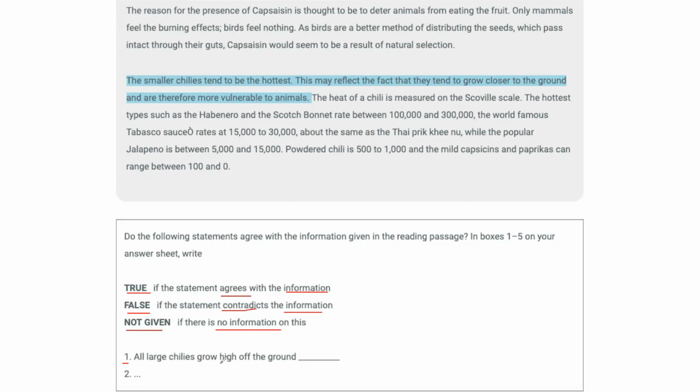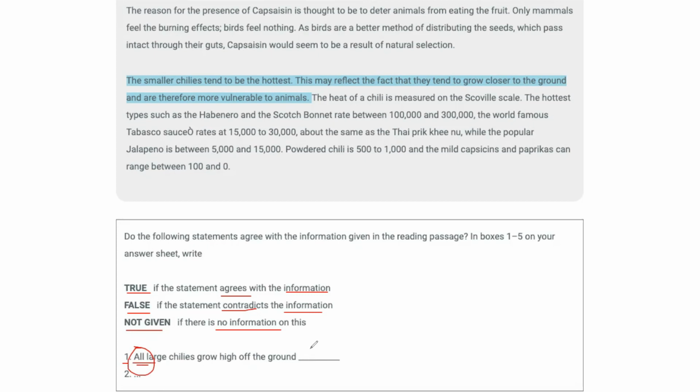All large chilies grow high off the ground. And right away, you want to pay attention to the wording in your question. And the fact that "all" is used, which is an absolute term, is a very good clue for us. So all large chilies grow high off the ground. You want to think about that statement.